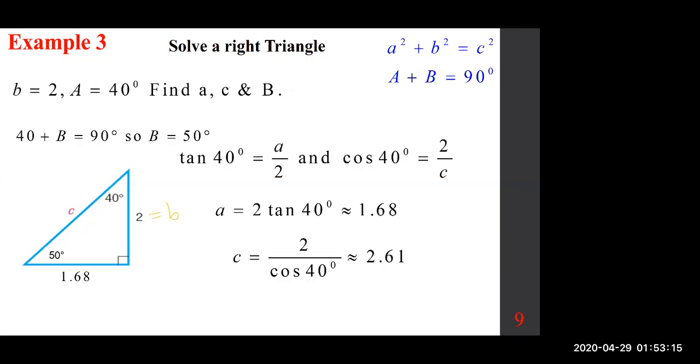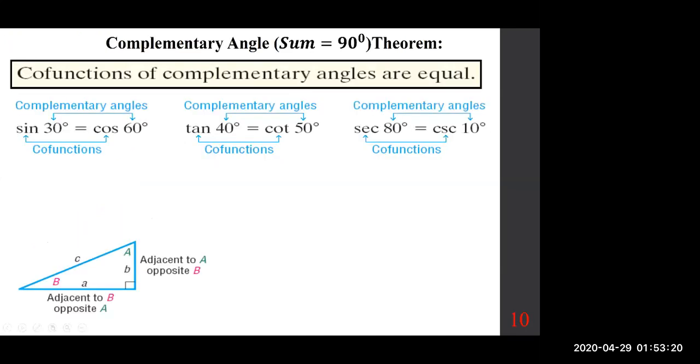So we discussed this last time, the idea of co-functions. I mentioned it when we were looking at the relationship between sine and cosine, and we looked at using the sum and difference formula, sine of pi over 2 minus theta, or cosine of pi over 2 minus theta.